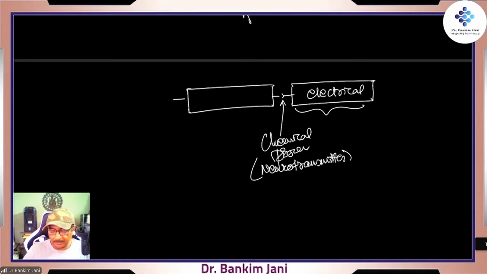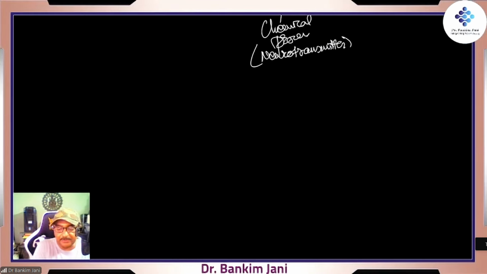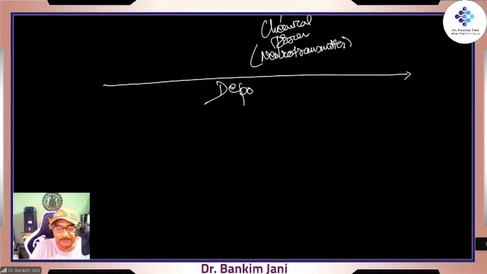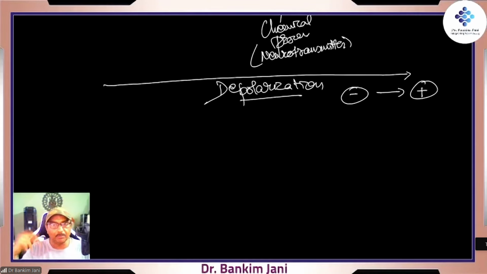Here, as the current travels, the cell will become positive. That means it is depolarization. We are interested in the inside of the cell going from negative to positive. That means we'll be talking about depolarization.